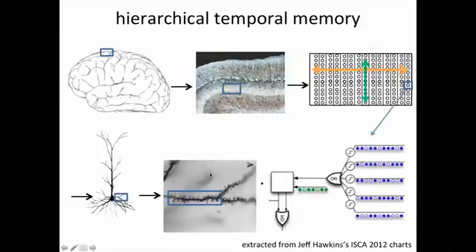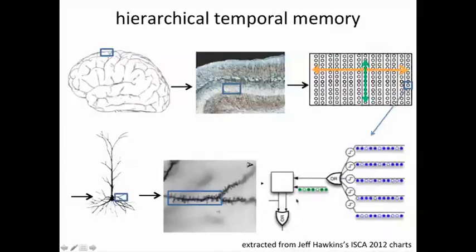An abstract model of the neuron is what is used by hierarchical temporal memory, which we're going to talk about, which is a model of the brain propounded by Jeff Hawkins, and he talks about this in a recent talk at the International Symposium on Computer Architecture, funnily enough, just in June this year.